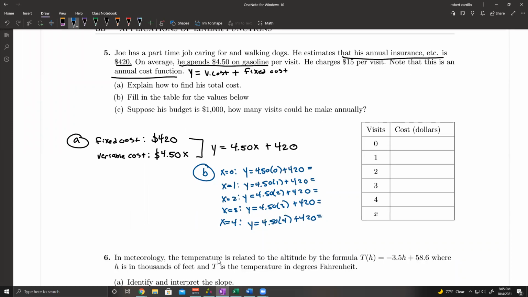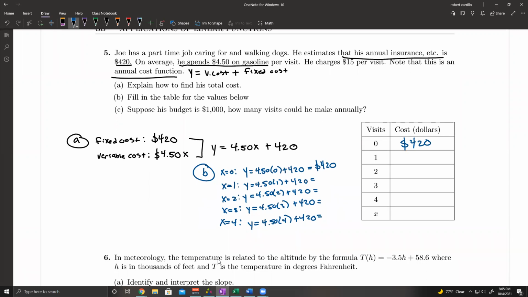Okay, 0's easy. So if he does 0 visits, he'll have to pay what amount no matter what? $420. Good. That'll go right there.